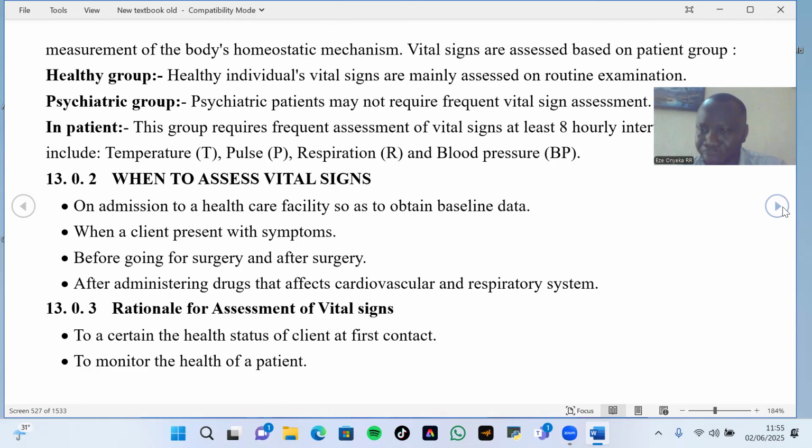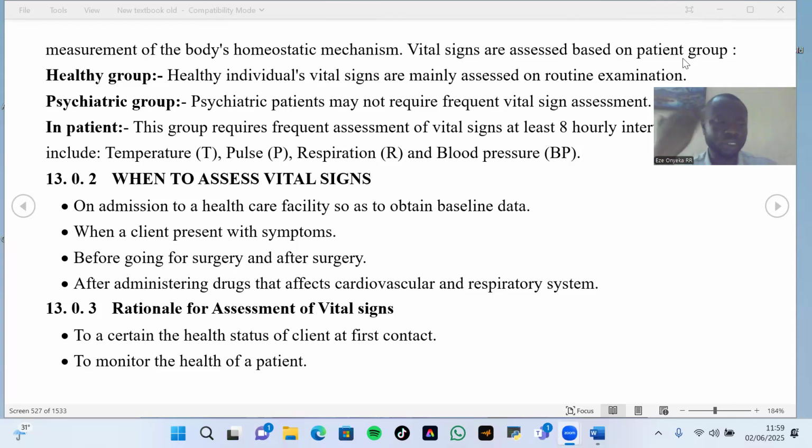So they are very basic, because if there is a challenge in any of this, the chance of losing our patient or the chance of a person facing a life-threatening situation is always high.